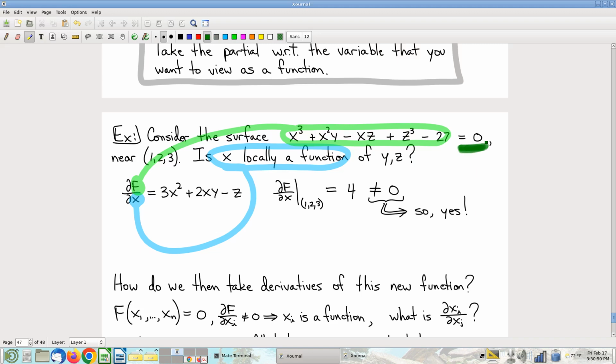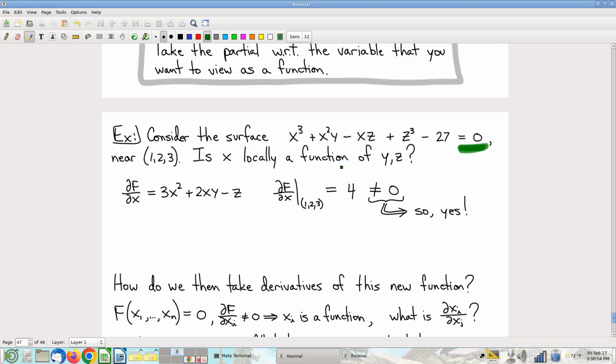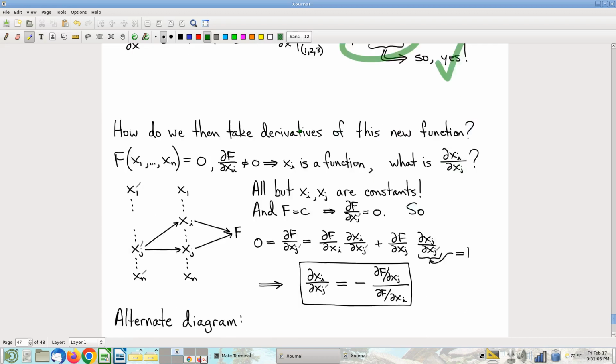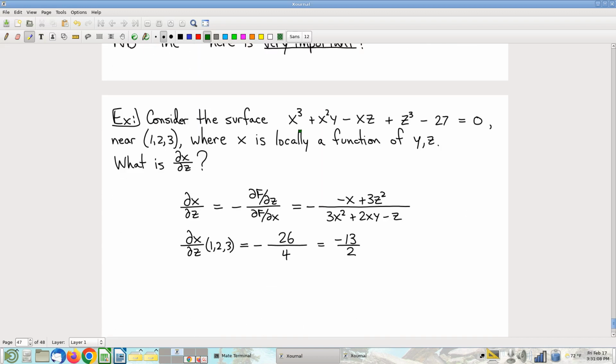And so following those rules from the implicit function theorem, we take the partial, plug in the point in question, and we get not 0 as the value, and not 0 means yes, we're all good, yes, you can view x locally as a function. Okay, so that's what we've done already on this example. So notice I've got that indicated here. We've already established that x is locally, near that point, a function of y and z.